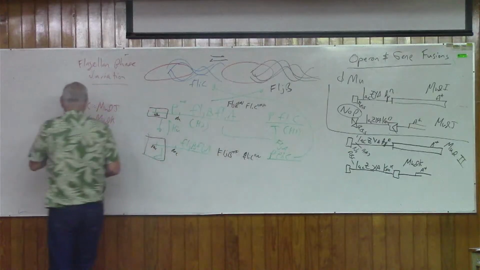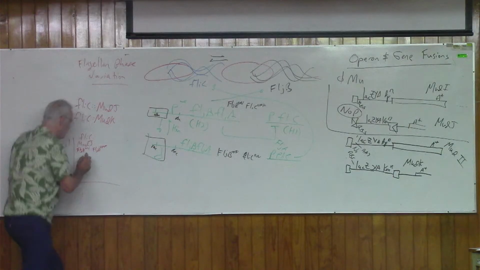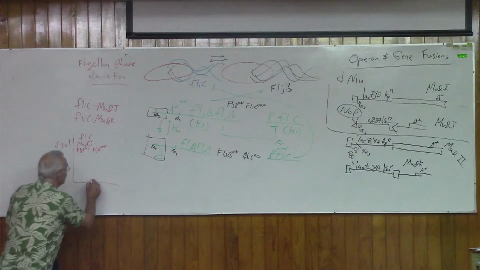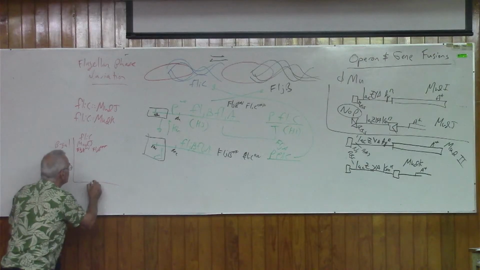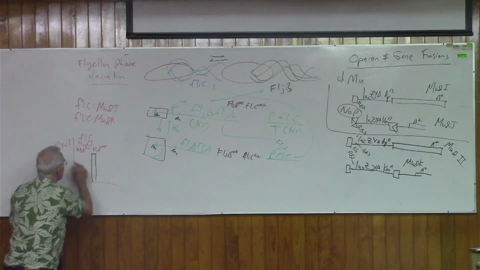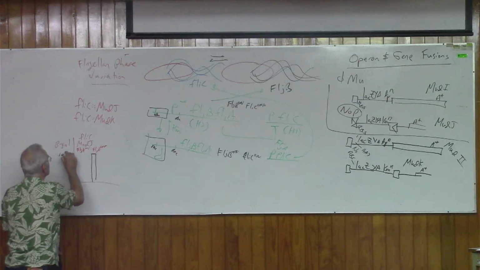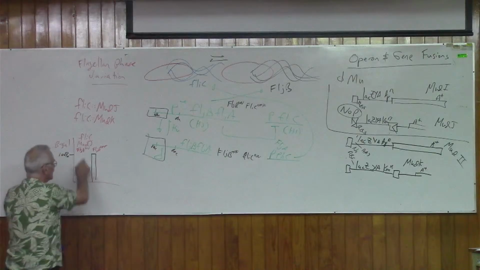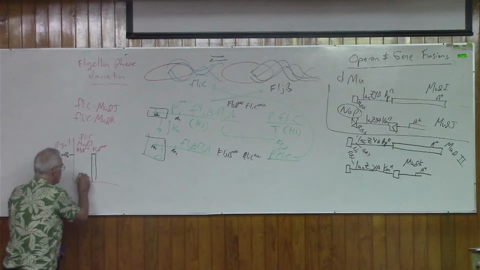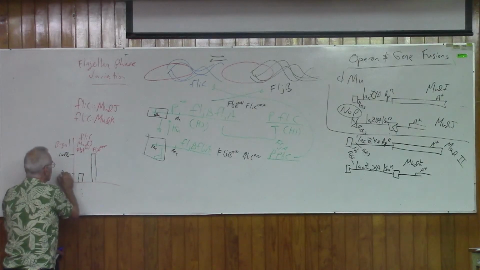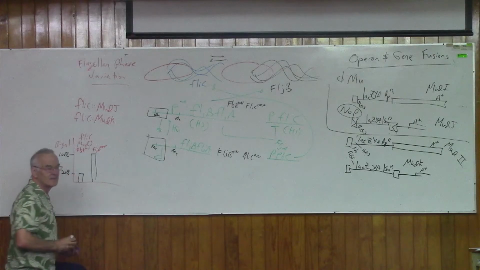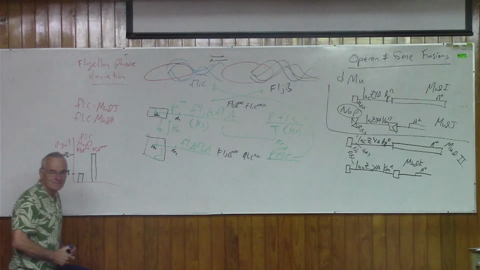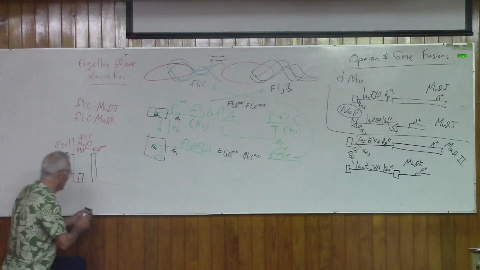So, if we look at the MudJ, and there's no repressor, we get 100%. Okay? If we have the repressor, we get 20%. Good? Makes sense?